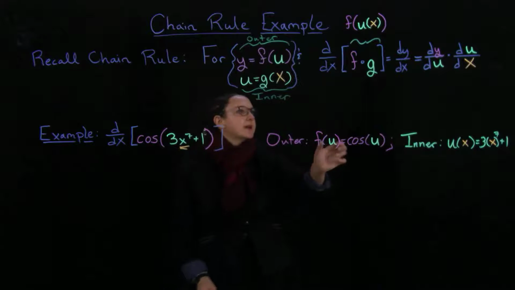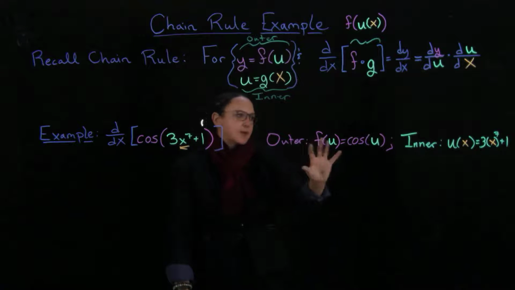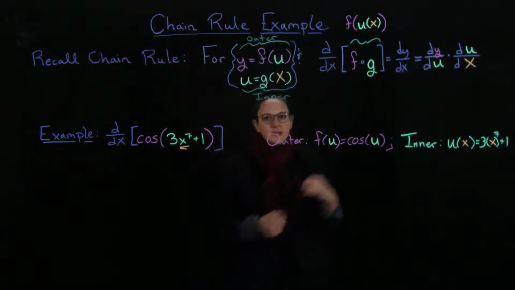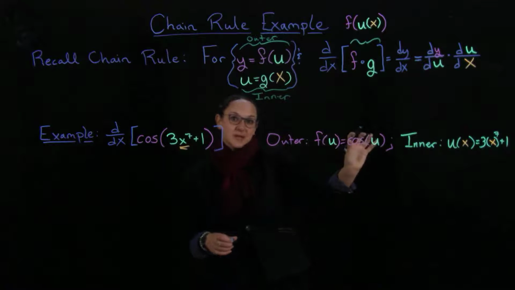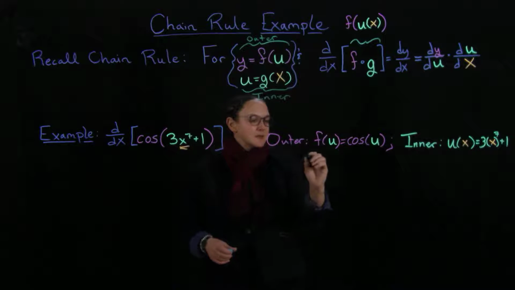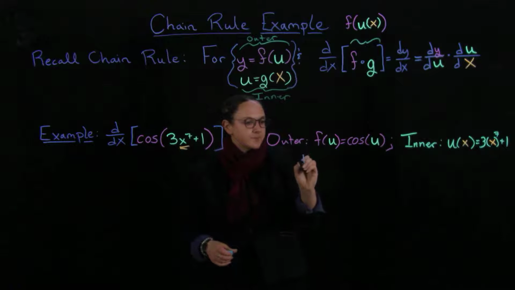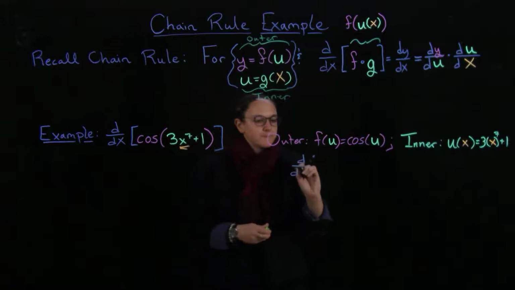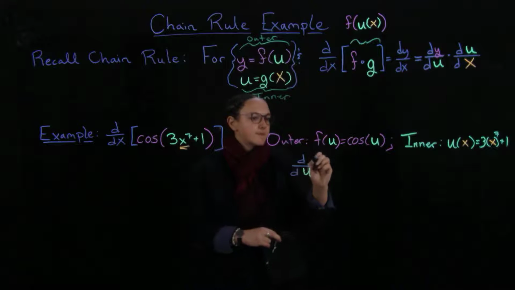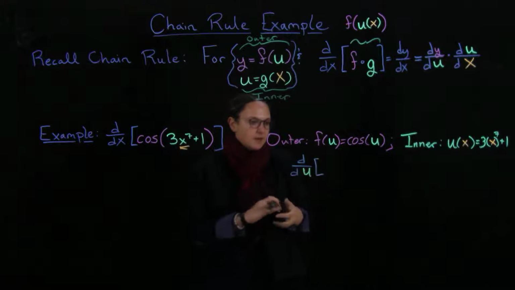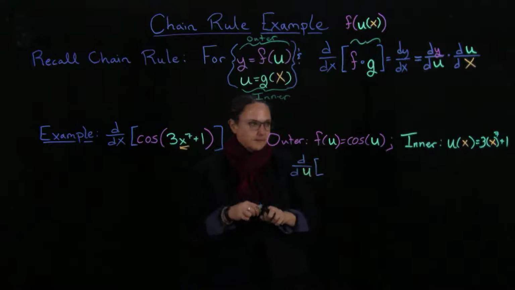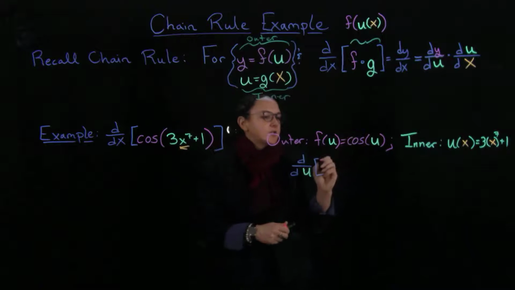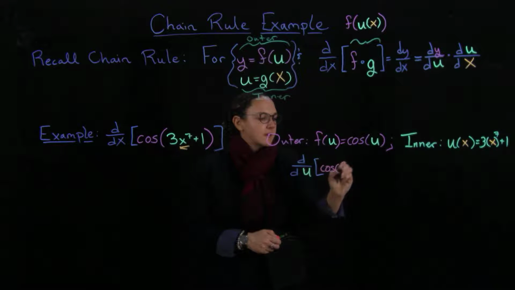Now, what is the derivative of my outer function? I'm going to do this over here before I even try to mess with anything over there. Let's take the derivative with respect to, remember, u. So I want to take the derivative with respect to u of my function, which is cosine of u.